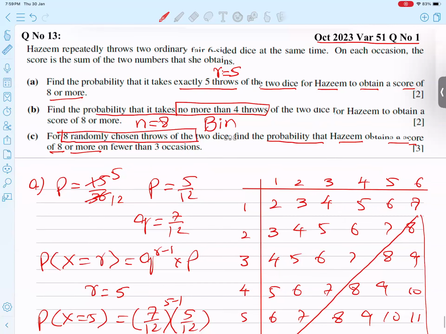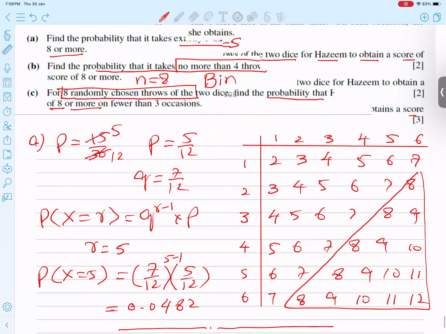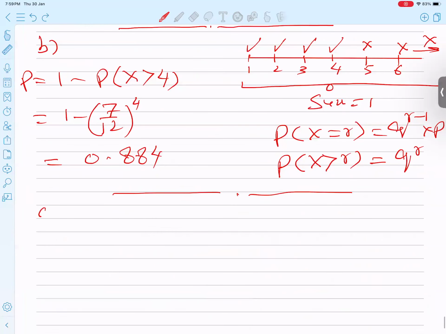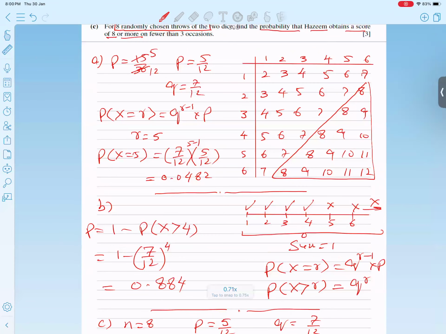It means this probability P and Q remain the same. So let me write it first of all. In part C, the n value is 8, P is 5 by 12 and Q is 7 by 12.